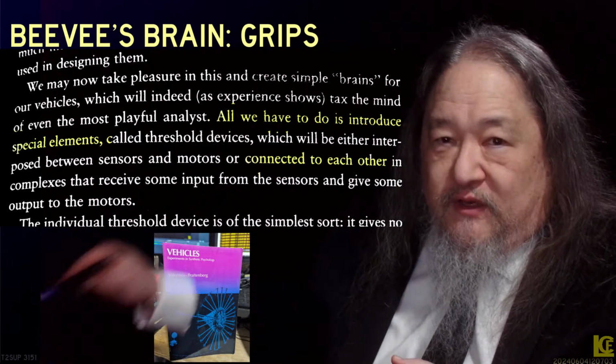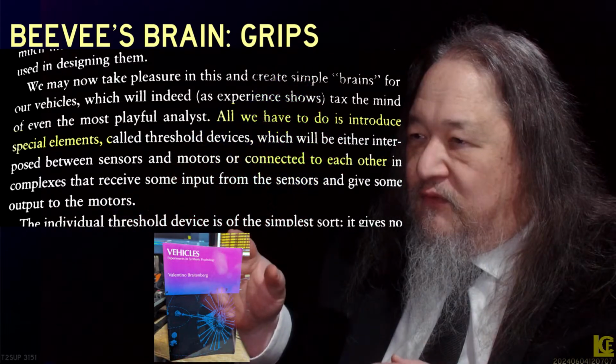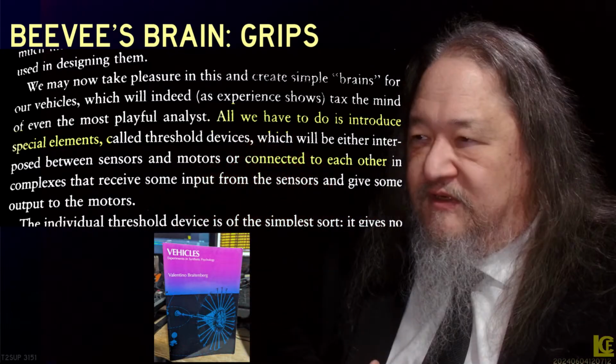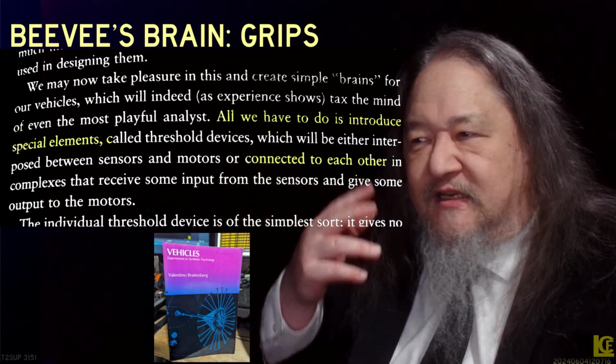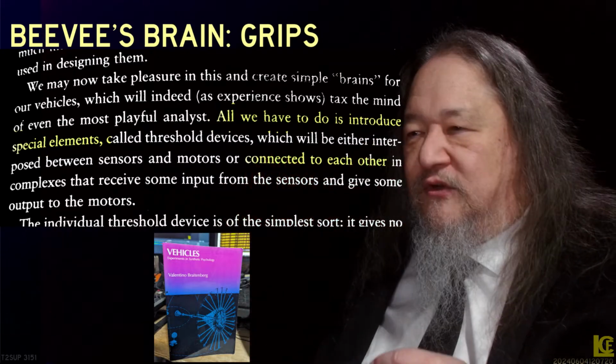But if we look in the actual Vehicles book in chapter 4 or something, talking about how to make more complicated vehicles, all we have to do is introduce special elements and connect them to each other, and that allows us to do logic and have brains and all that kind of stuff.